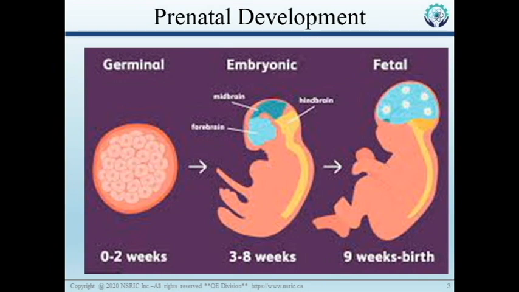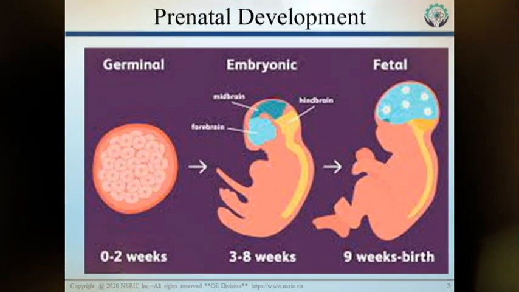But before we get into the stages, I do want to talk a little bit about the history of understanding prenatal development. Because all throughout history, there's been some thought and some effort to shed some light on the stages that shape human life before birth.